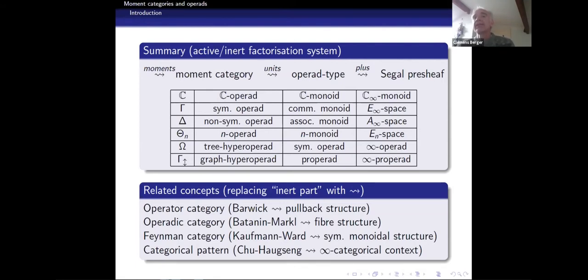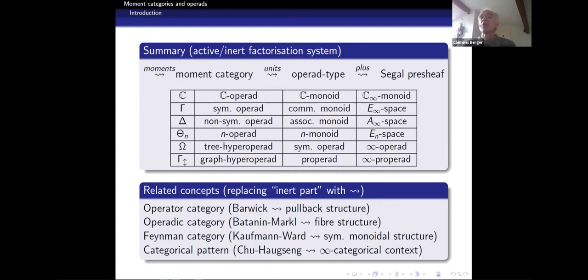And actually the difference between moment categories and those concepts which already exist is that they somehow only take the active part of the structure and they replace the inert part by another structure. So in Clark Barwick's notion, this is a pullback structure.